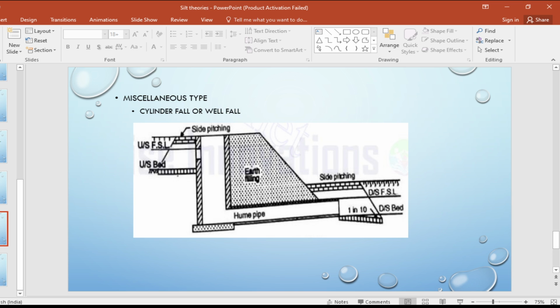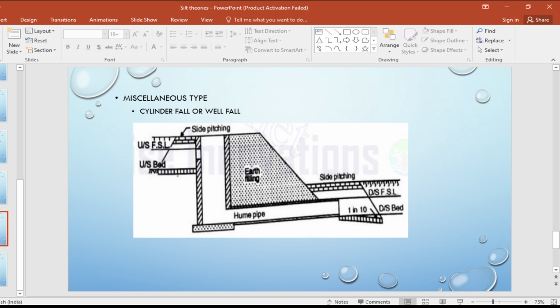Two types are there. Both are notch falls. First is trapezoidal notch fall and second is low crested rectangular notch fall. Under class 2 come the high crested weir fall and siphon fall. These two types belong to class 2.